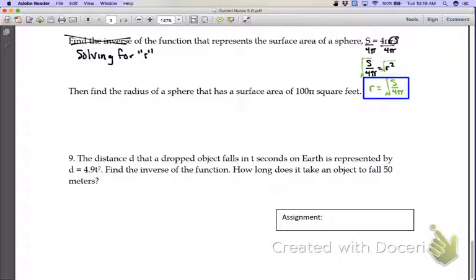The next part, find the radius. So if the surface area is 100 pi, all I'm going to do is just plug it into my new green equation that I have there. And I'm going to have r equals the square root of 100 pi divided by 4 pi.